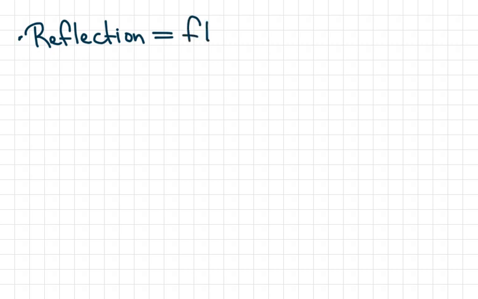So our next one is reflections, and another common word for that is a flip. Now, we flip things over lines in the coordinate plane.